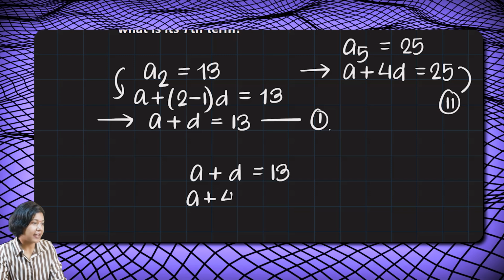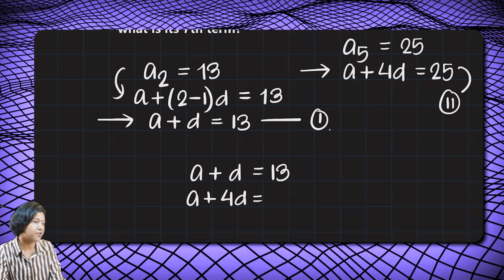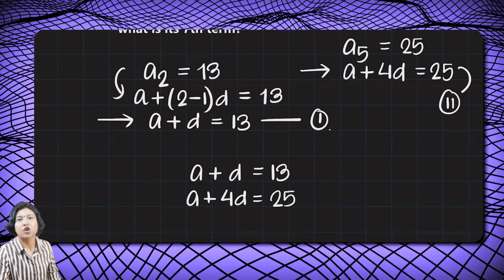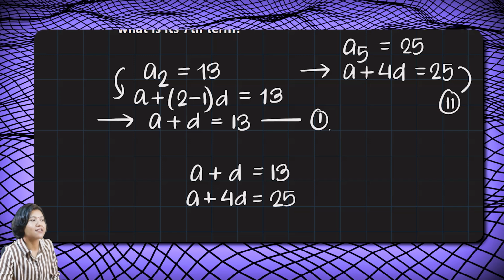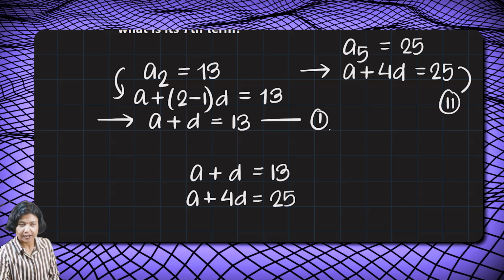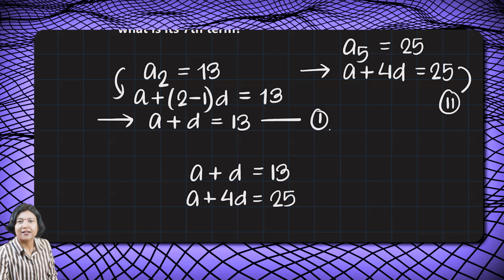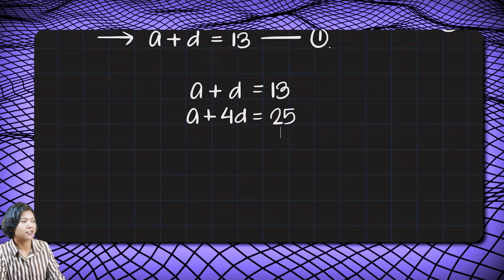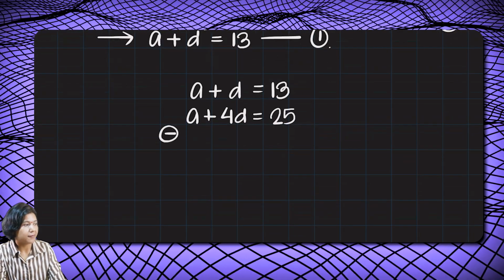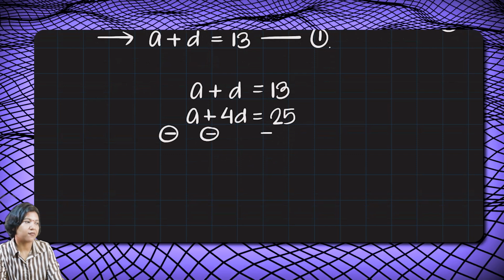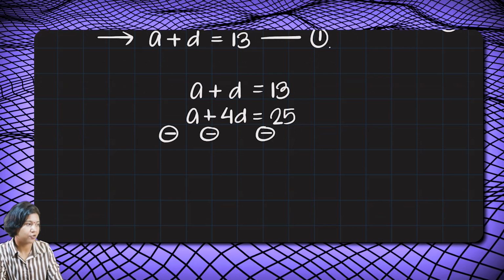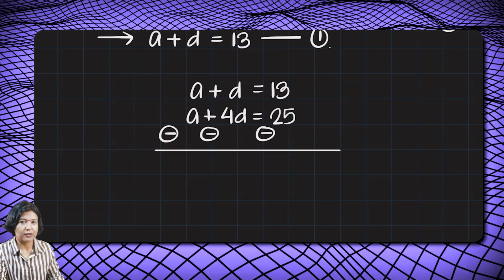The quickest way I can think about solving the two equations together is by eliminating the common term. I see that both of my equations have A, and I can get rid of that A by simply subtracting the two equations. To subtract, I suggest just flip the sign for the second equation.